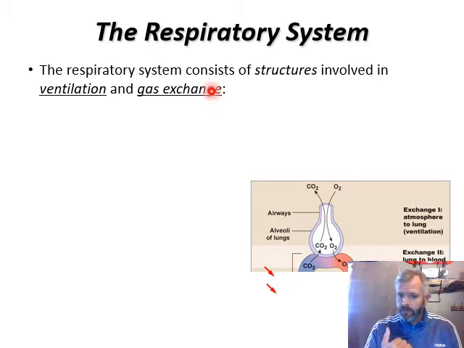We need to bring it into the bloodstream. Okay, so we're going to have this interaction between the lungs and the blood, because we have to get the O2 into the blood and the CO2 out of the blood and into the lungs. Okay, so we have these structures. They're going to be involved in ventilation, bringing the air in, and then gas exchange.